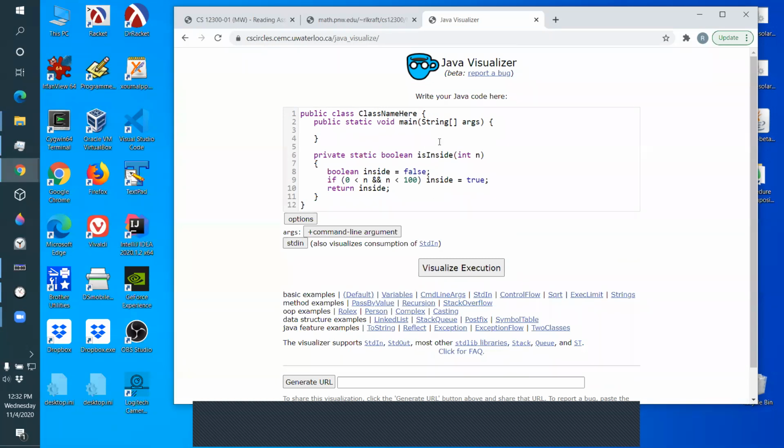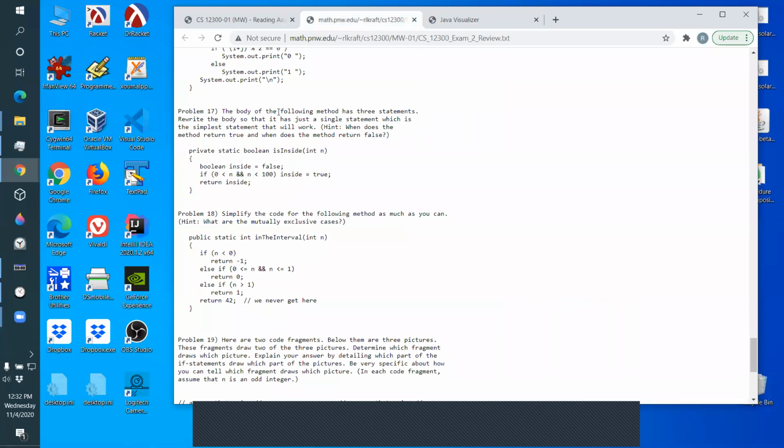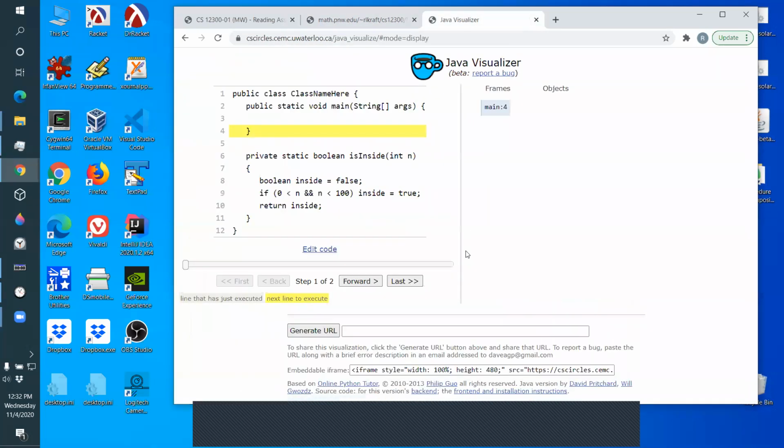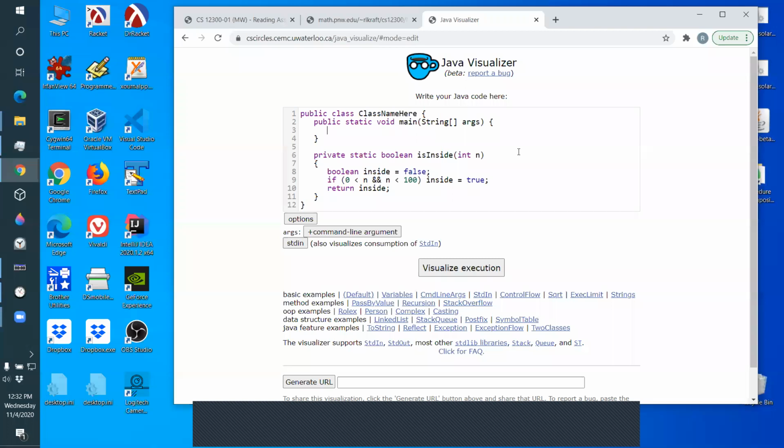Now, the problem says there's nothing wrong. It says rewrite it so it's just a single statement. If you compile it, there's nothing wrong with it. It compiles, and if you run it, it gives you back a Boolean answer. If I want to try it, I would say boolean b equals inside, say, 6.